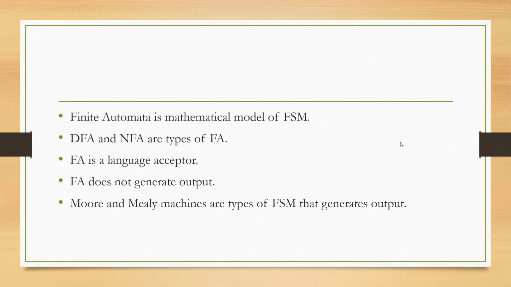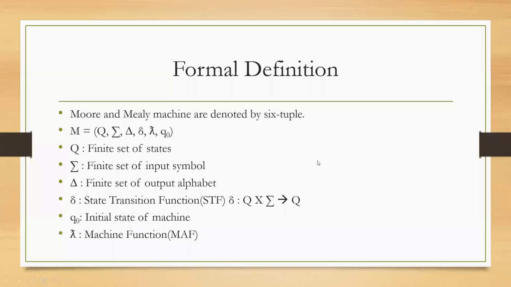So the formal definition of Moore machine, you can see here in front of your screen. It is denoted with the help of six tuples.